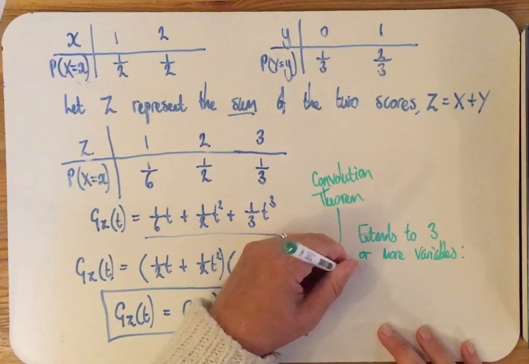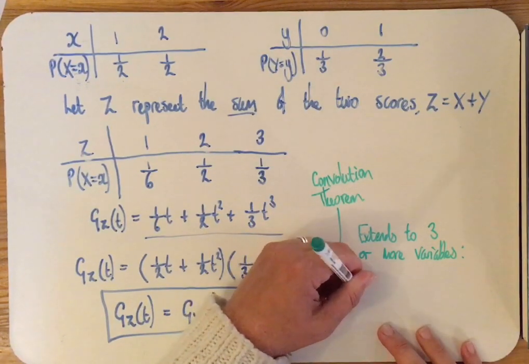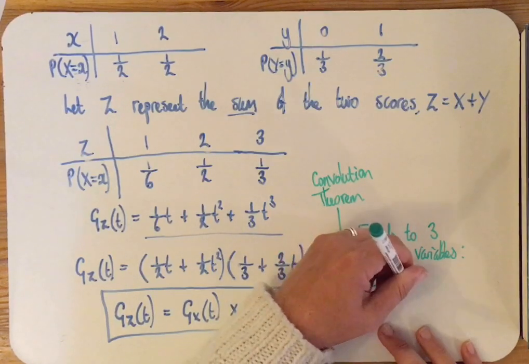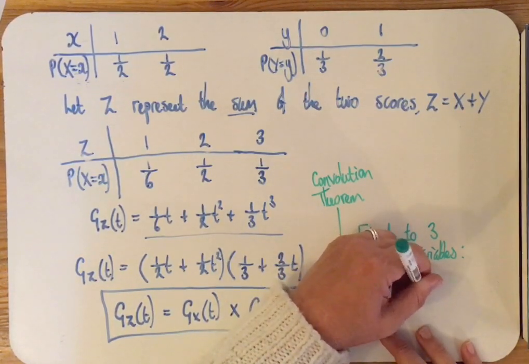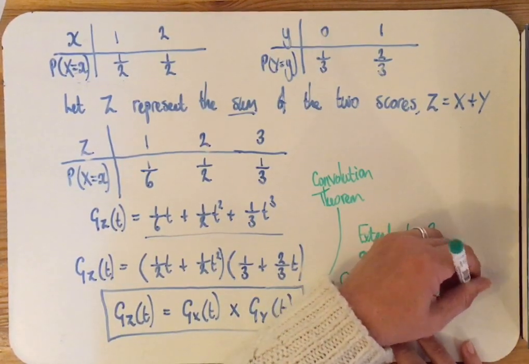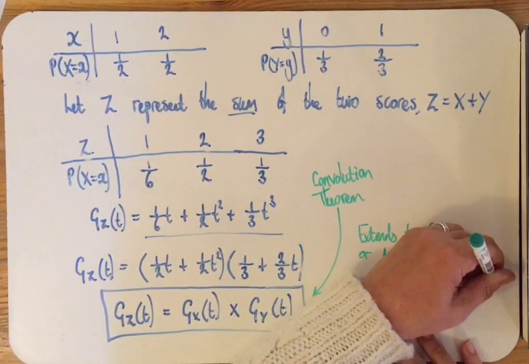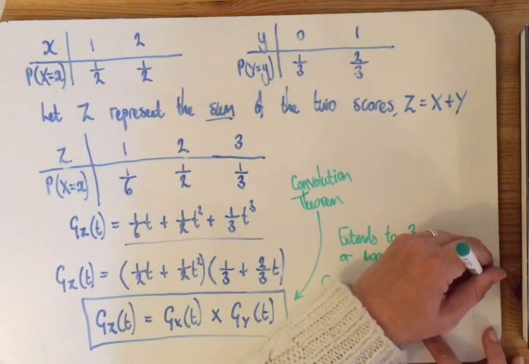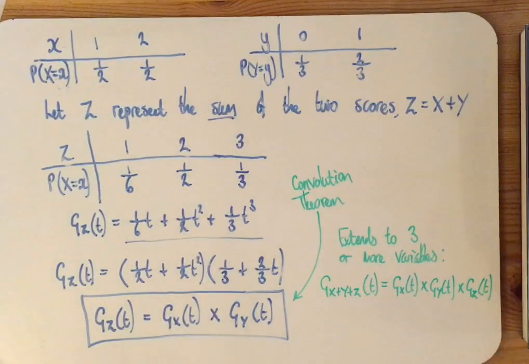So, for instance, if you had G of x plus y plus z of t, then that would be probability generating function for x times probability generating function for y times, I hope you can still see that, the probability generating function for z.